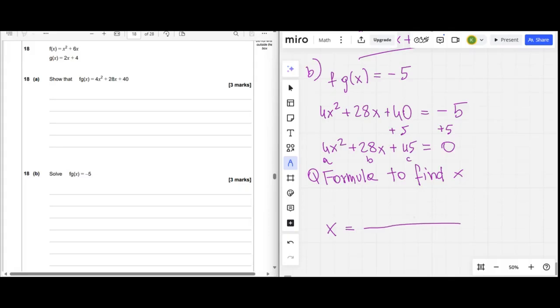on the fraction. On the fraction, we will be dividing by 2a. On the top, there will be minus b, and then plus or minus, because we have two results. If the x is the second power, we are supposing that there will be two results, up to two results. It can be one result, it can be 0 results.